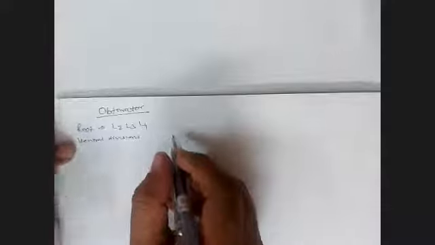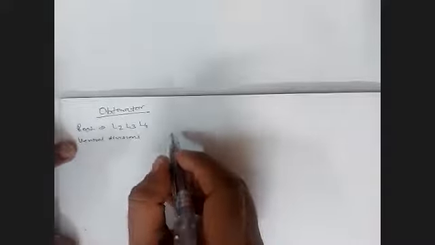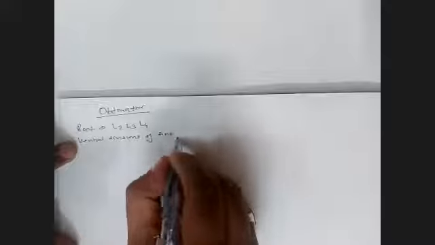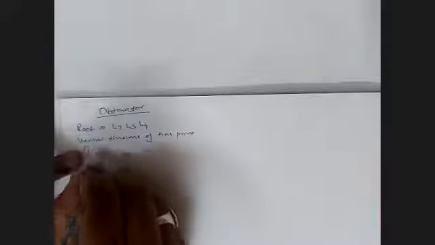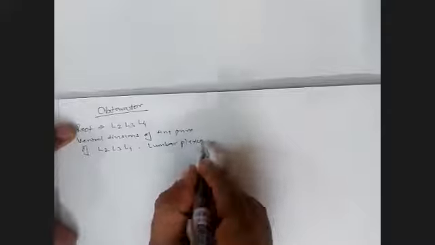Ventral divisions normally supply flexors and adductors. Dorsal divisions supply extensors and abductors. It arises from the anterior primary rami of L2, L3, L4, and it is a branch of the lumbar plexus. Femoral nerve was also a branch of the lumbar plexus.